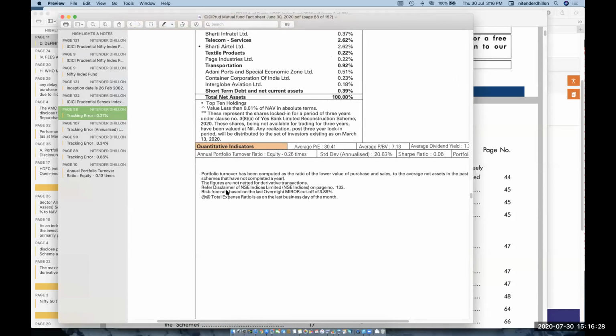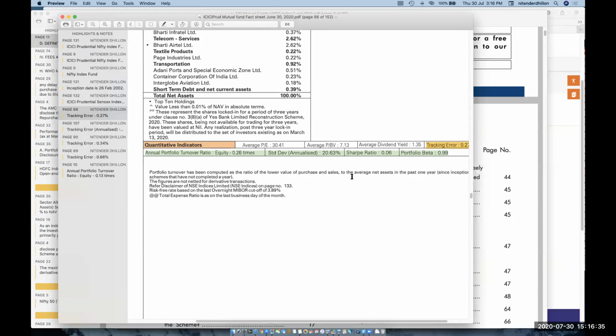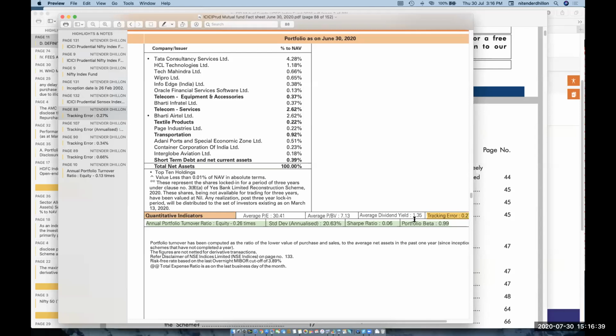So he's given us some numbers like a Sharpe ratio. He's given us some numbers like a portfolio beta. But typically, the analysts who evaluate funds will look at numbers beyond this. They look at Sortino ratio, they look at information ratio, they look at Jensen index, Fama index, and so forth. So that's the area that we are now actually getting into.